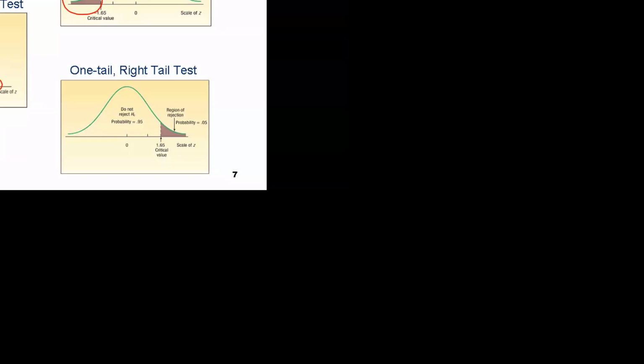Why? Well, because there is only one area of rejection. Now, this one is used when you are testing, for example, the mean, mu less than a given value. This must be the complement, mu at least this unknown value.